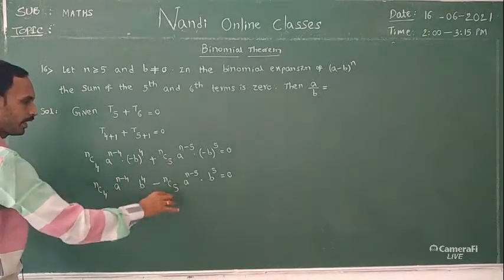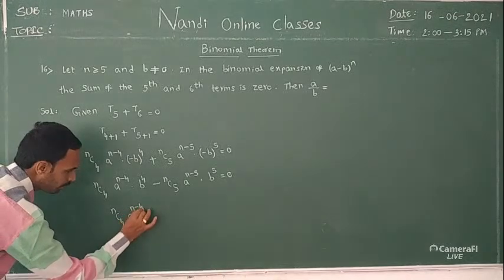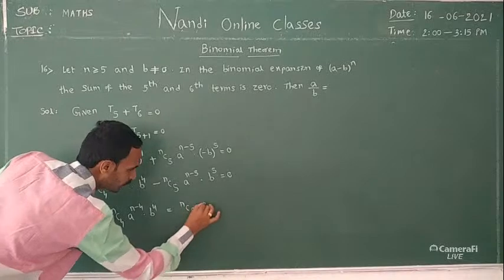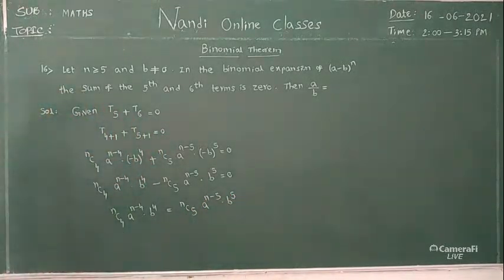Okay, send this minus term to that side. nC4 into a power n minus 4 into b power 4 is equal to nC5 into a power n minus 5 into b power 5.